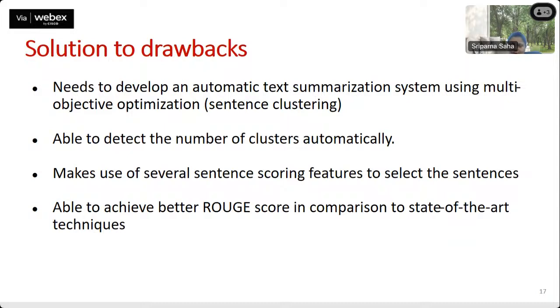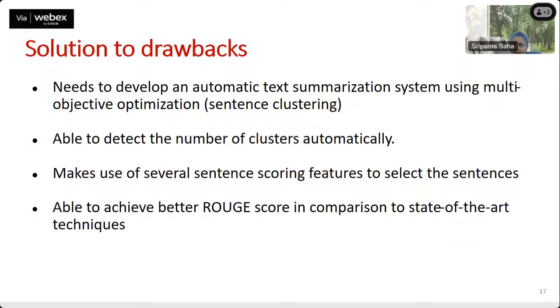And afterwards, when the clusters are formed, we are giving some scores to each sentence. Then after scoring the sentences, we are carefully selecting some sentences from each cluster to form the final summary. The sentences which have good scores are selected, and those sentences form the final summary.